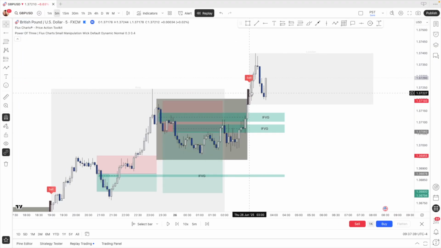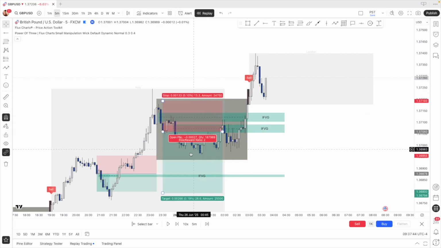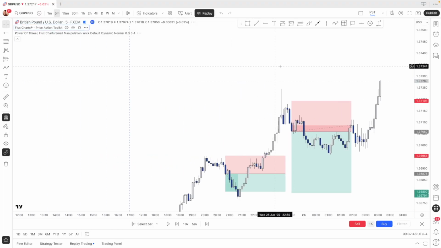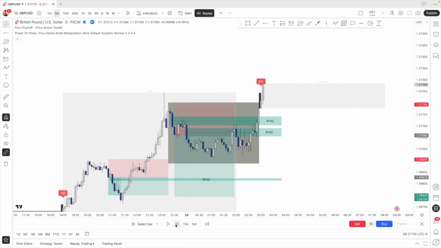Again, accumulation, manipulation. Now we have our sell signal right over here. So let's just quickly rewind. There's our signal. Now we wait for an inverse fair value gap to form.